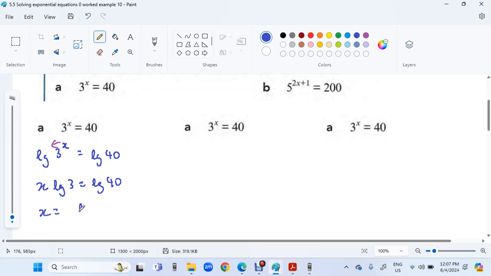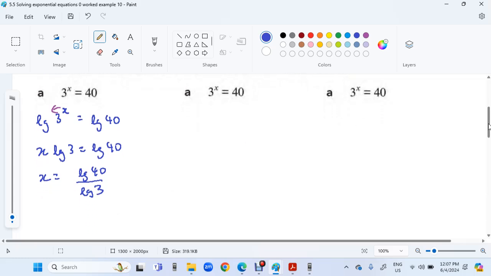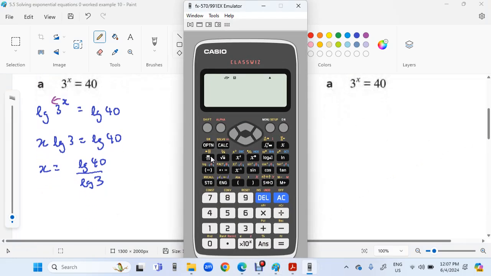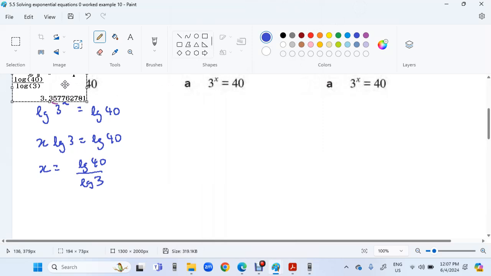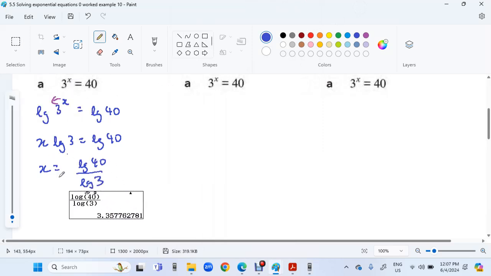So x will be log 40 over log 3. So this is the answer: 3.3577. So this is the first method.